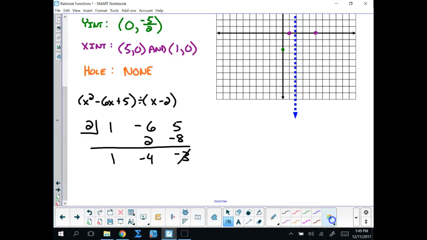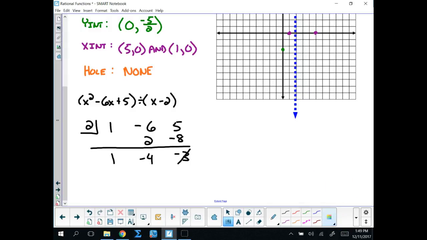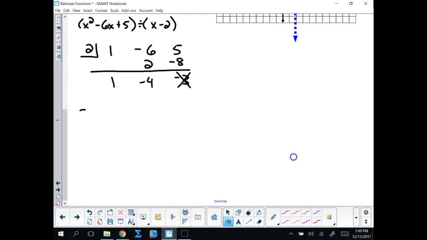Drop the remainder. Oops, that didn't go. Why did that not go? Oh, guess we're frozen again. Oh well. Okay. So that tells me that my slant asymptote is y equals x minus 4. Agree? Yes, ma'am.